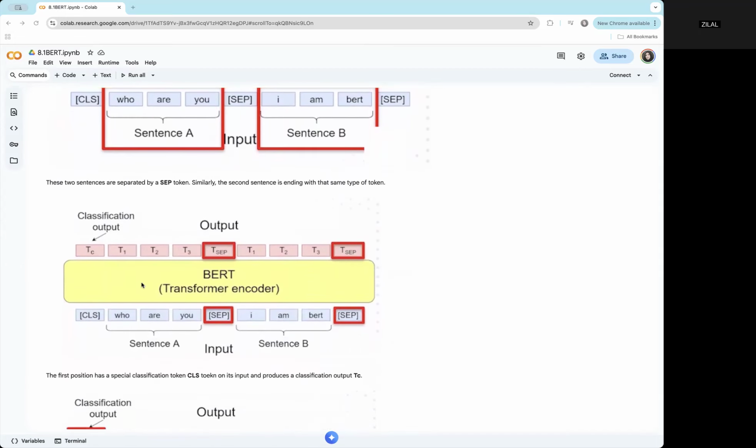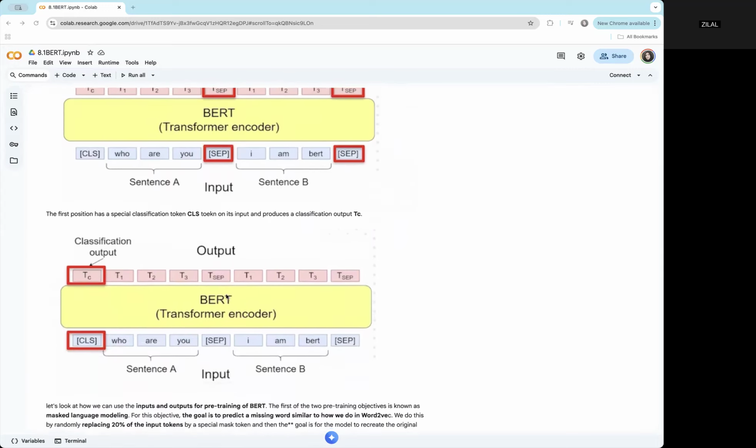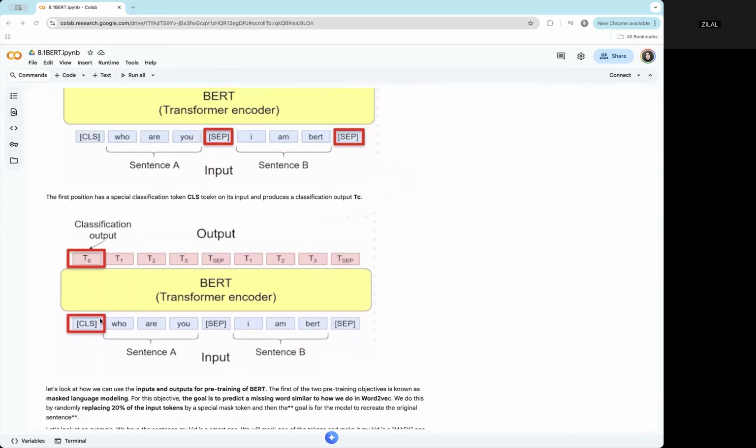These two sentences are separated by the SEP token. Similarly, the second sentence ends with the same type of token. The first position has a special classification token, CLS, on its input and produces a classification output, TC.